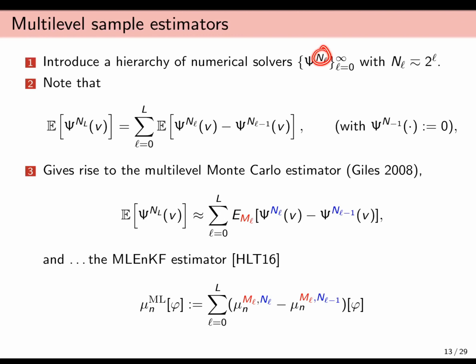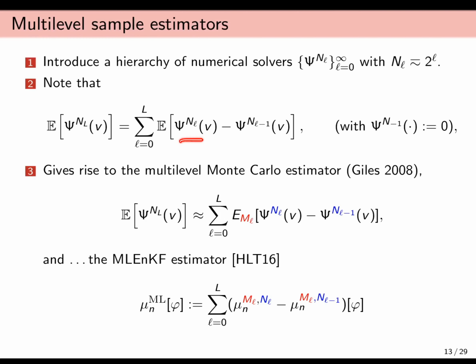So the superscript parameter here, n, is an exponentially growing parameter in terms of L. And then let us note that if I want to compute the expectation of some numerical solution of an SDE at some fine discretization n capital L, then because of the linearity of the expectation, I can write this as a telescoping sum, what I have here on the right-hand side.